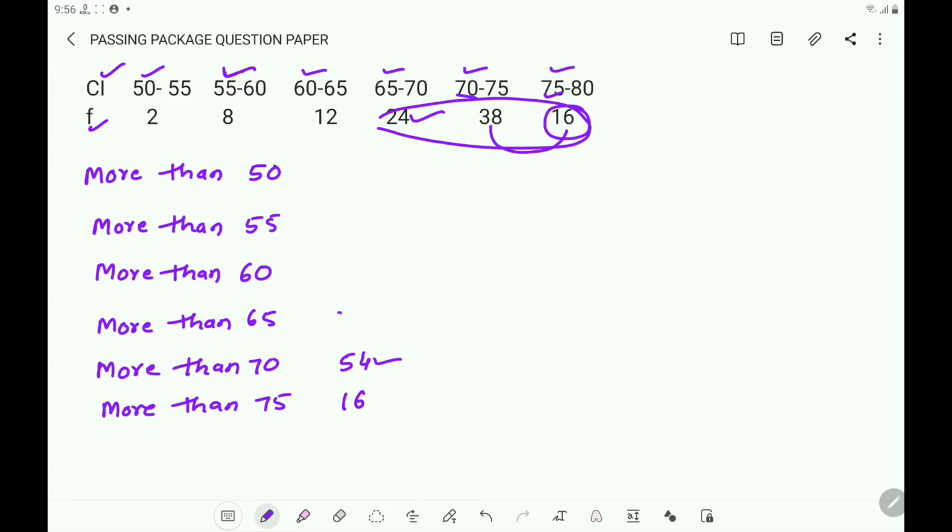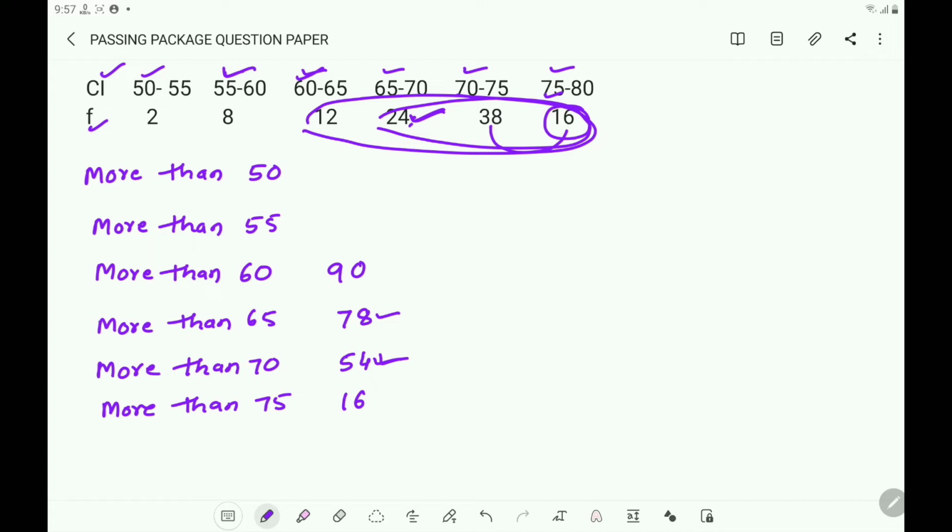That becomes 78. Then more than 60. More than 60 is sum of all this. Again you add 12 to the 78. 12 plus 78 is 90.